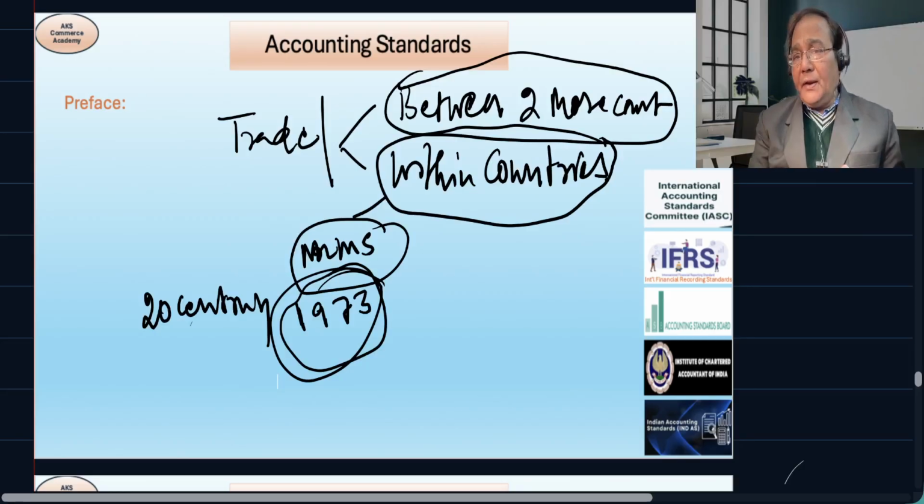Now, what about India then? India was already having the Institute of Chartered Accountants of India. Now there were some practices which were happening. It also made a body called the Accounting Standards Board in order to have local interactions with enterprises, with firms, with various government authorities.